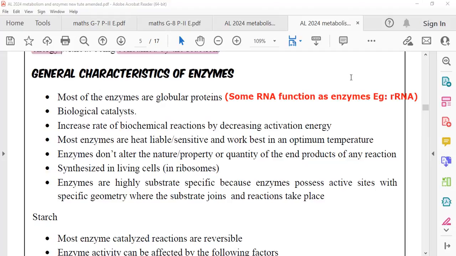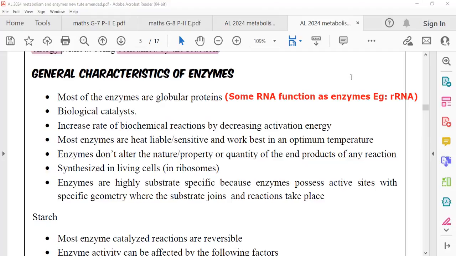Understood? Good. Next point you are told, enzymes don't alter the nature or quantity of the end product of any reaction.